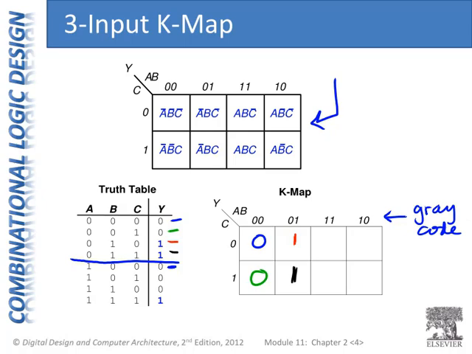So when we're entering our K-map, it still goes in counting order. So 1, 0, 0 is not here. We have to jump over a column and enter it here. So this 0 is in the 1, 0, 0 box.